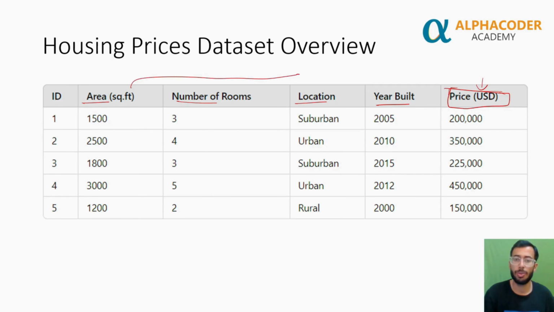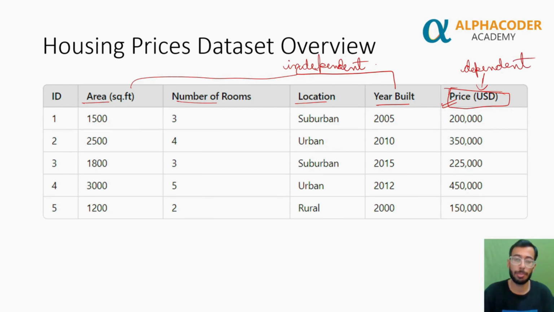All these four features are independent features, because they are independent of any other feature. But this price feature, since we need to predict it, actually depends upon all these four features. So this is called the dependent feature.